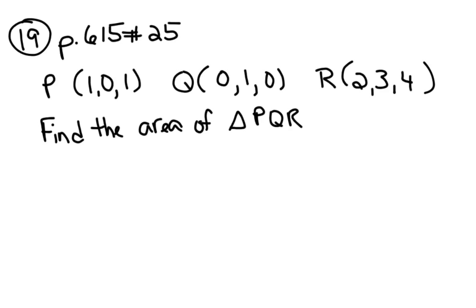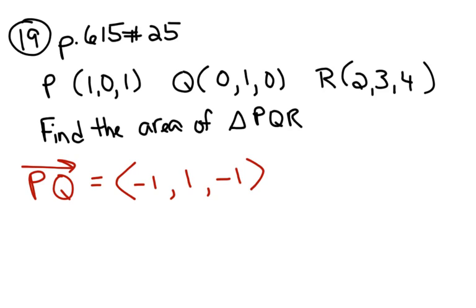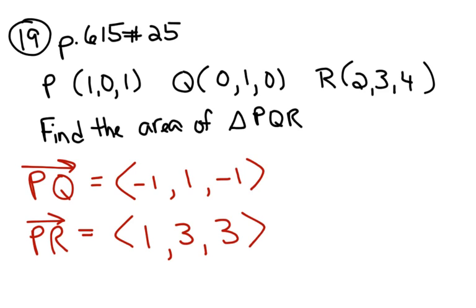So the first thing we're going to do is find vector PQ. P is our initial and Q is our terminal. So vector PQ is going to be -1, 1, -1. Then I'm going to find PR. PR is going to be 1, 3, 3.